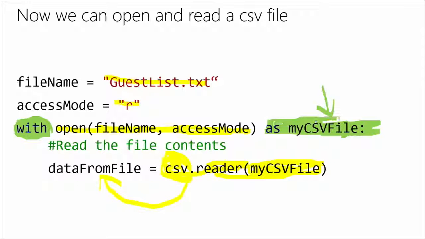This syntax ensures that if there is an error during the processing, the file will always be closed. If an error happens during the open or anywhere in the indented code as you're processing through the data, the file will always be closed.